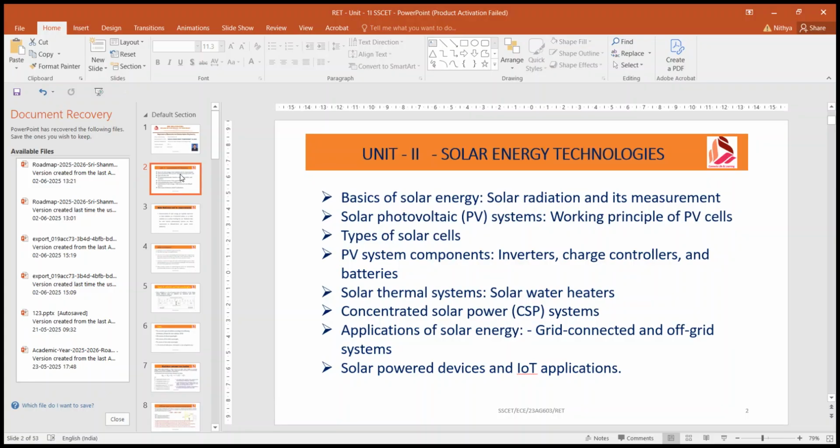There are some more applications of solar energy technologies, and then concentrated solar power, that is CSP power systems, and then applications of solar energy in grid connected and off grid systems, and solar power devices and IoT applications. These are what we will discuss.